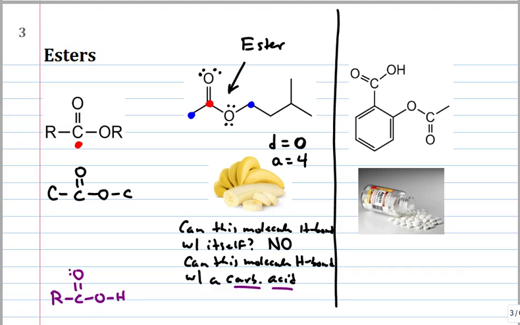And so if we do a little quick drawing of it, donors 1, acceptors 4. Okay, the carboxylic acid has a donor. Our banana ester has many acceptors. So the answer to this is yes, it can. Okay, you got to know the families.